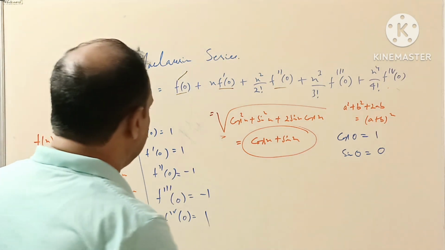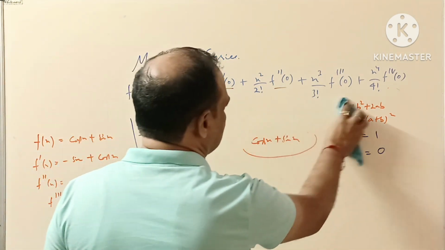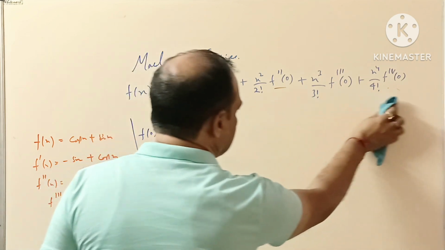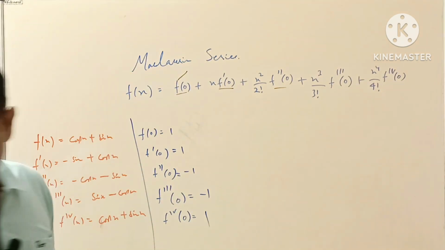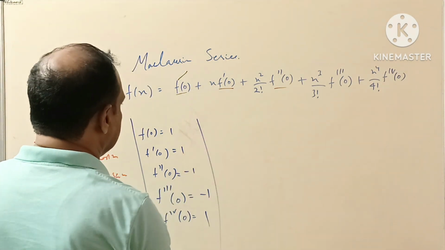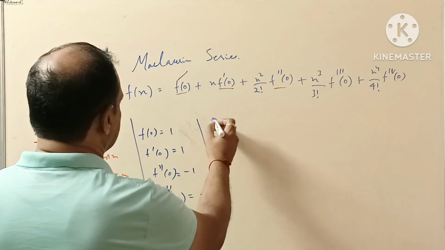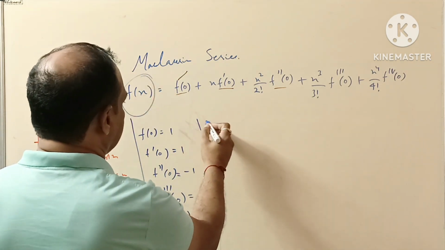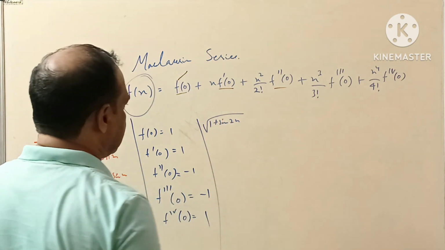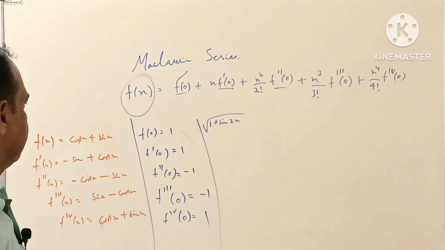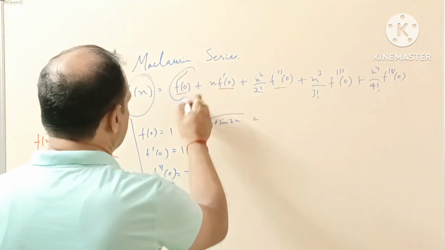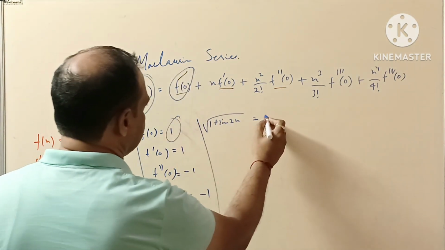Now we just have to put the values. Here the function f(x) is square root of 1 plus sin 2x, or you can say it is cos x plus sin x. Now what is the value of f(0)? It is 1.